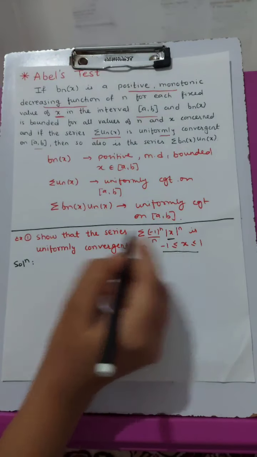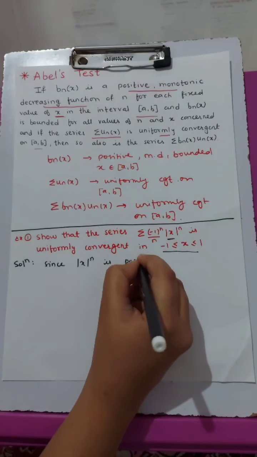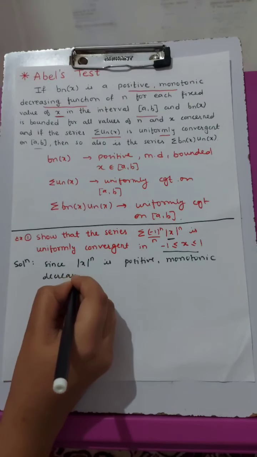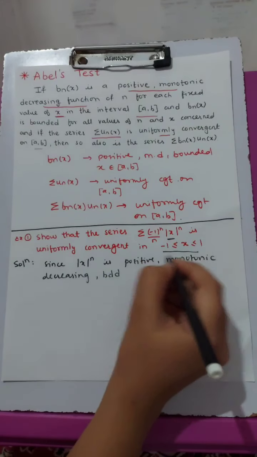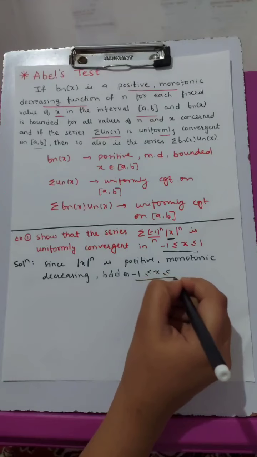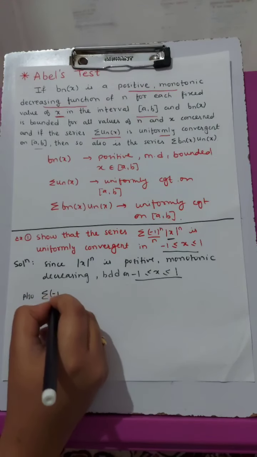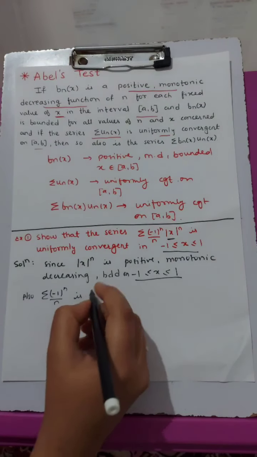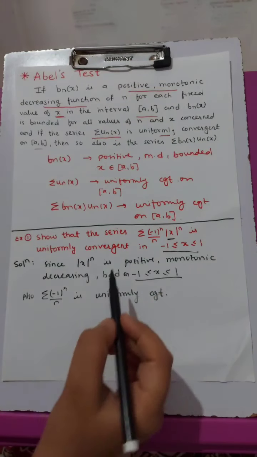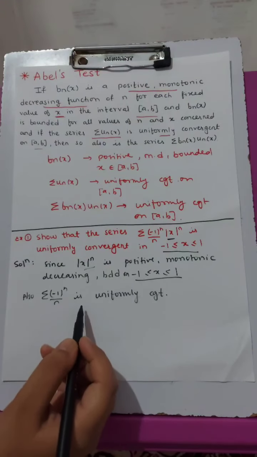Since this function, mod x to the power n, is positive monotonic decreasing as well as bounded on the interval -1 < x < 1, and also the series (-1) to the power n upon n is uniformly convergent, we now have a function which is positive monotonic decreasing and bounded on the given interval, and also a series which is uniformly convergent.